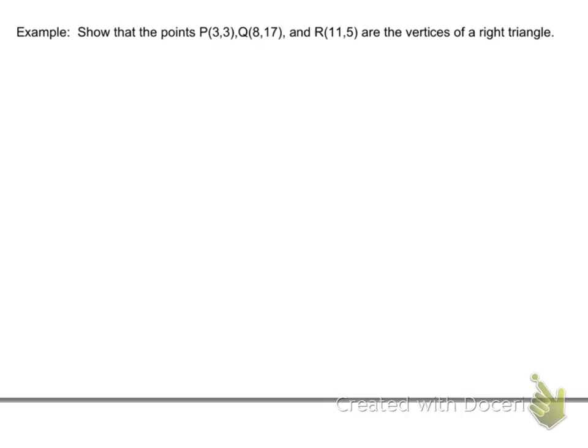Show that points P, Q, and R are vertices of a right triangle. I like this question because it makes you think. Before we do anything, what am I looking for? A right triangle. How can I prove something's a right triangle?